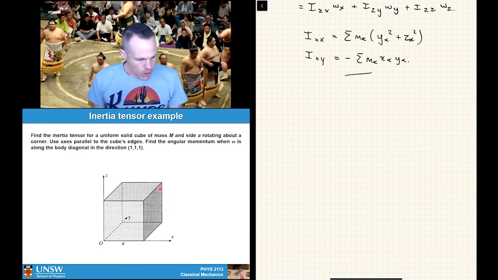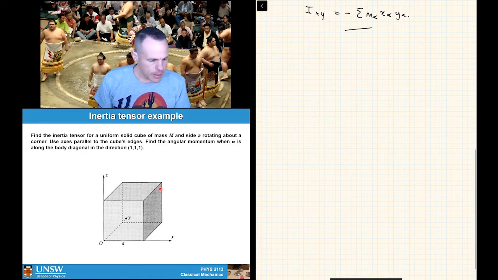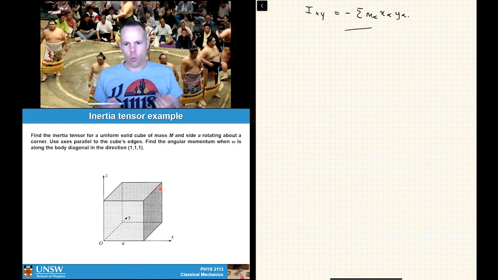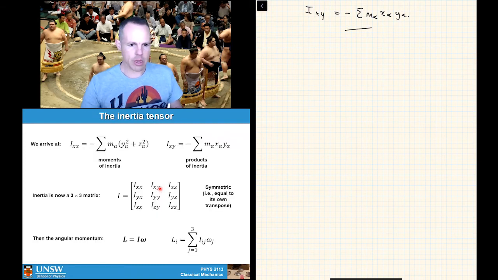Okay? All right. So our step in here is basically to get one of the moments of inertia, which you'll notice are basically just these little expressions on the diagonal, and then to get one of the products of inertia, which is these terms on the side.